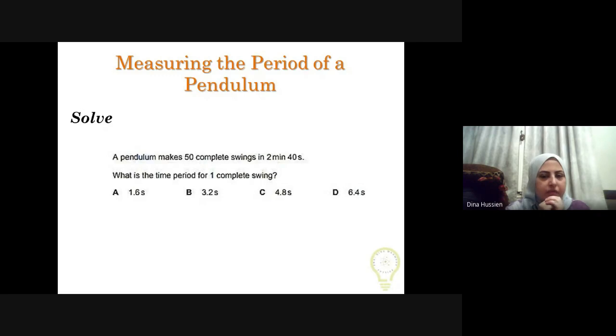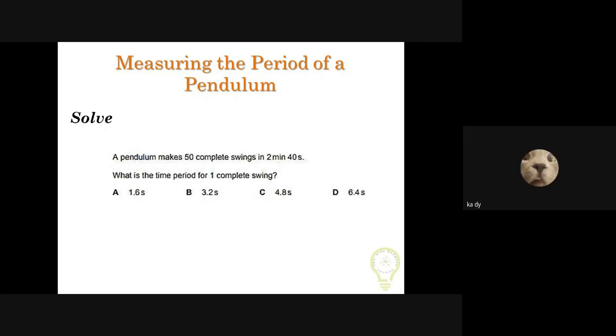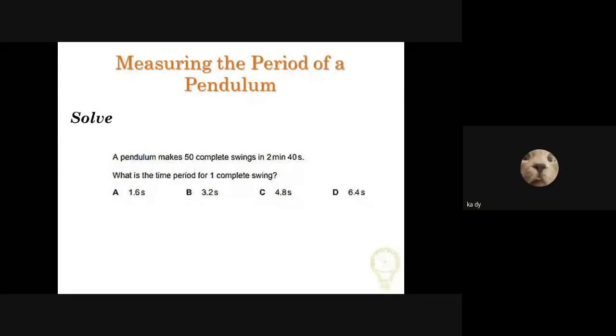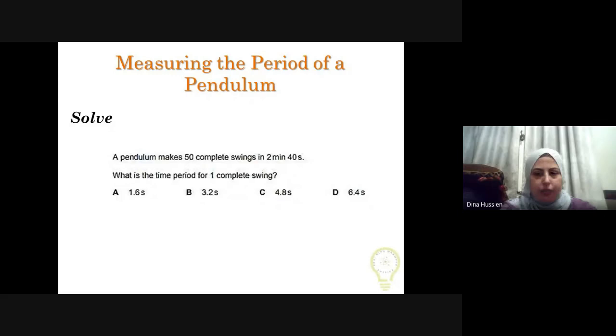Does anyone have trouble solving this? Okay, Katie, let's solve it together. طيب خلينا نشوف الباقي فاهمين هنعمل إيه ولا بتحلوا لسه, you need more time. I can wait for you if you're still solving.